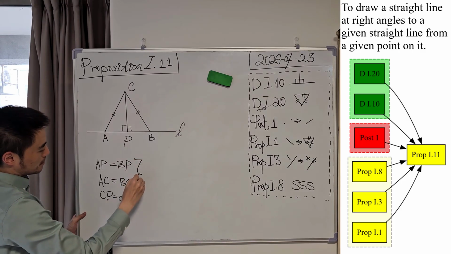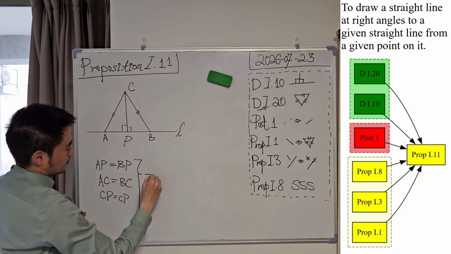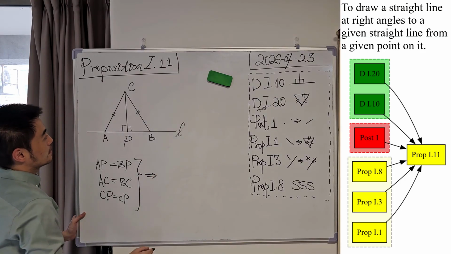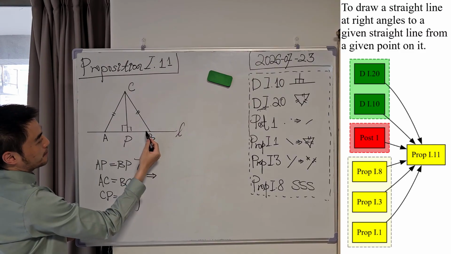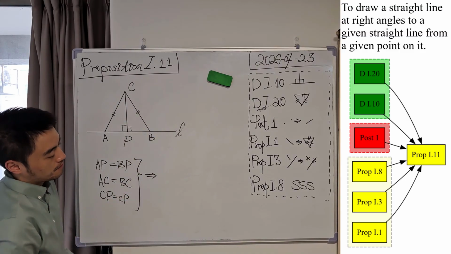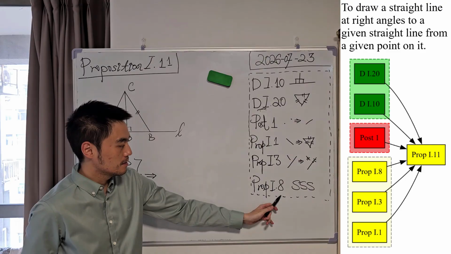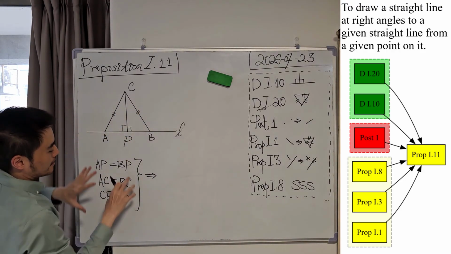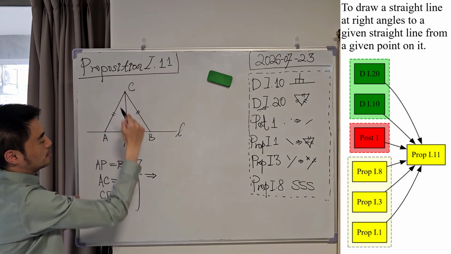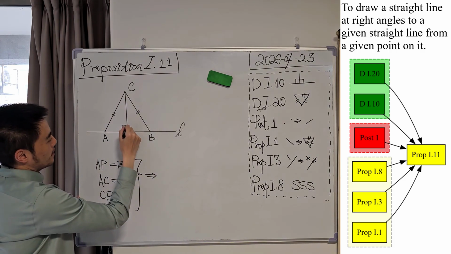Now combining them, we have triangle ACP is equal to triangle BCP because of proposition 8. Side, side, side. Three sides are equal to each other respectively, so these two triangles are equal. Thus, these two angles are equal.